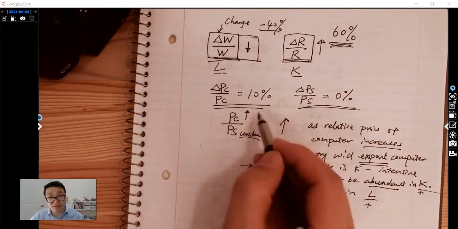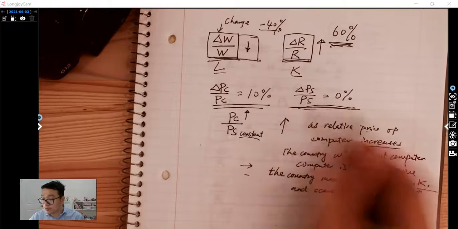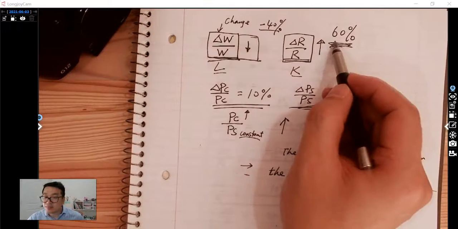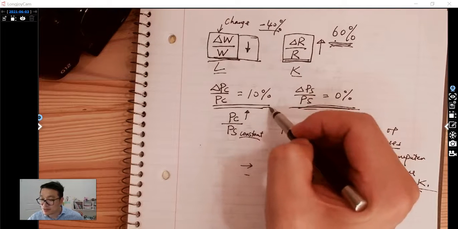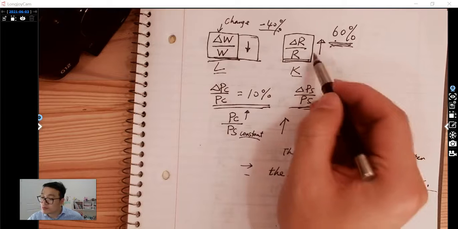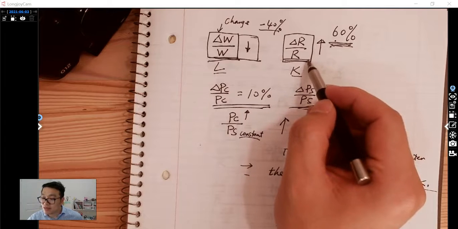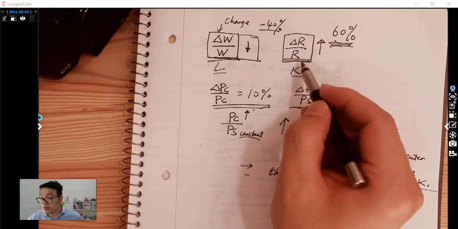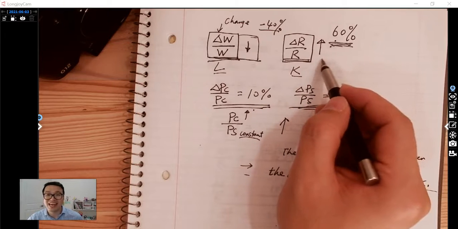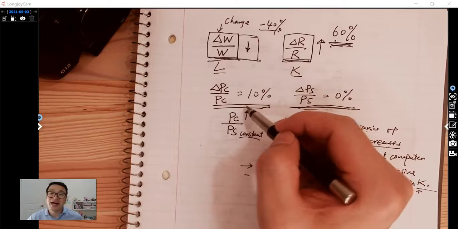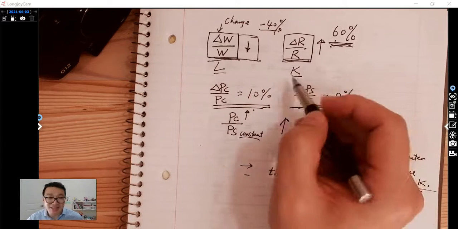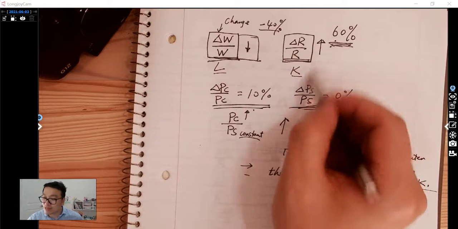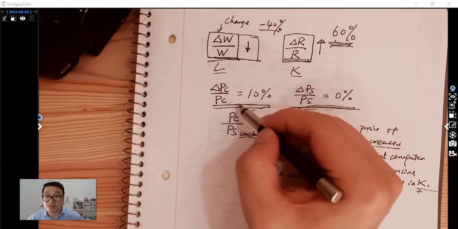So computers have a 10% price increase and shoes have a 0% price increase. If we use the 60% nominal rental change and subtract the computer price change, which shows the real earnings to capital, it will still be 50% in terms of computers. So no matter what, capital will gain and be the real winner, because the real income increases in terms of either computers or shoes.